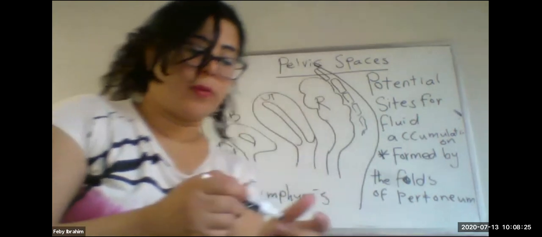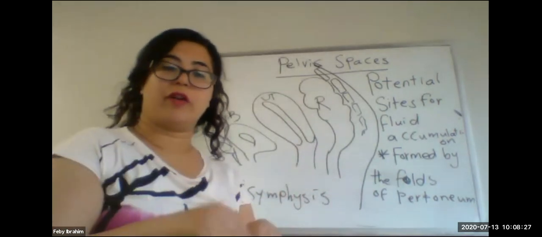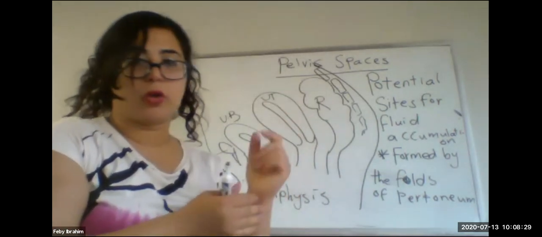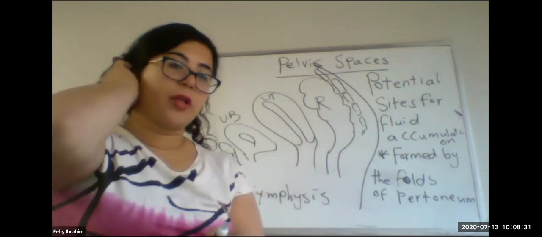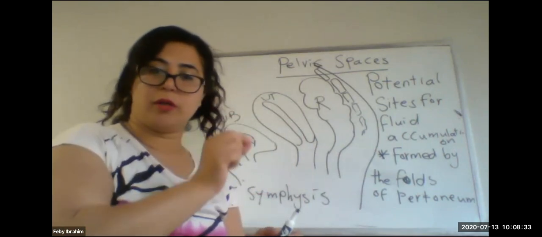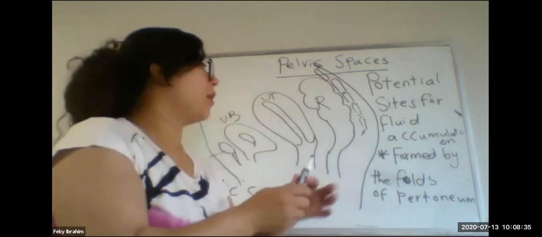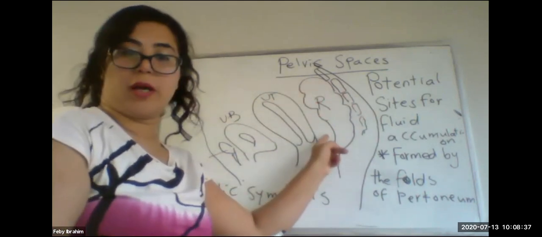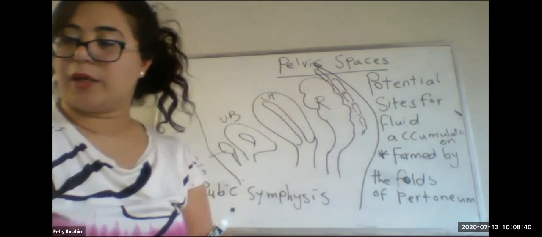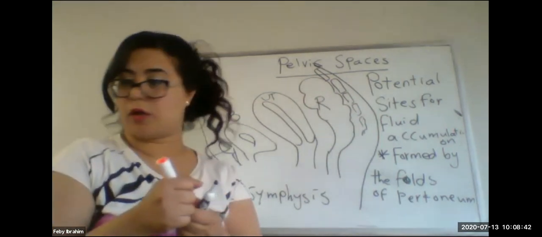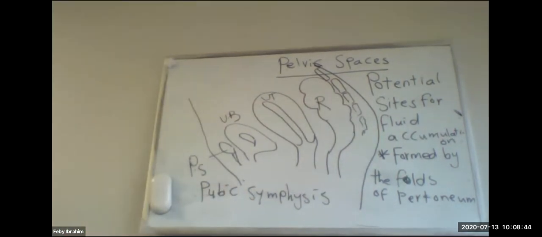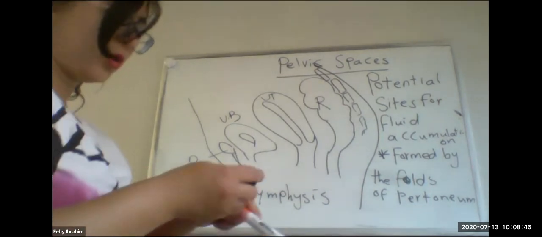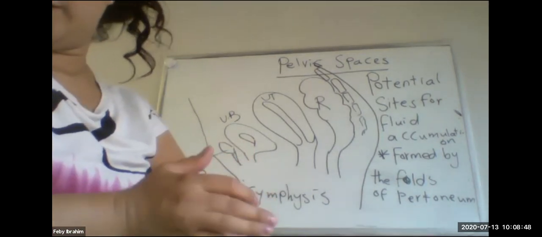Do you remember when we mentioned we have a visceral peritoneum? Visceral peritoneum is like a membrane that lines the organs. So I'm going to use color to draw the folds of peritoneum.